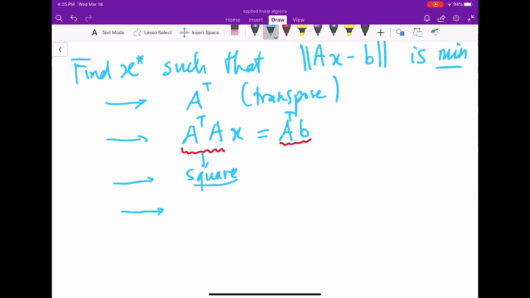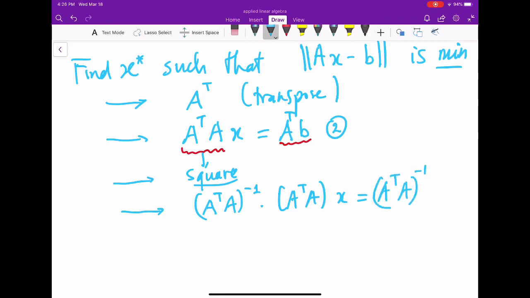But basically, if it's possible, you can find (A^T A)^-1. And then you apply (A^T A)^-1 to both sides of the second equation: (A^T A)^-1 A^T A x equal to (A^T A)^-1 A^T b.